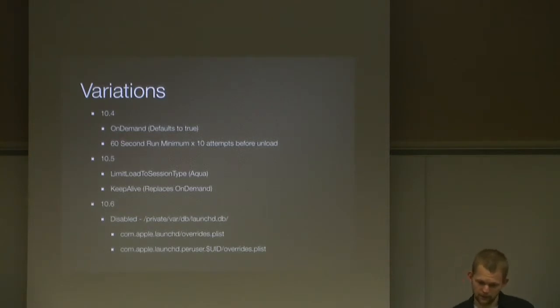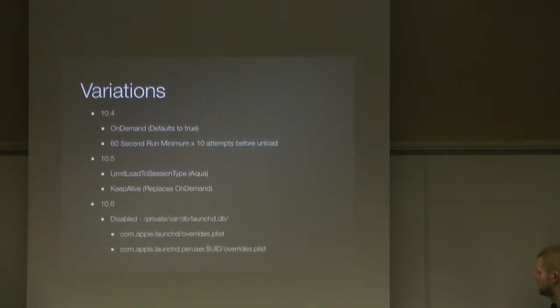In 10.6, the disabled key. If you set disabled true in your Launchd plist, your job would be disabled, and it was modifying the actual Launchd plist. In 10.6, they moved that, and so that's actually under /private/var/db/launchd.db, and for your launch daemons, it's a directory com.apple.launchd, and then there's an overrides plist in there, which has your label, and then disabled true or false.